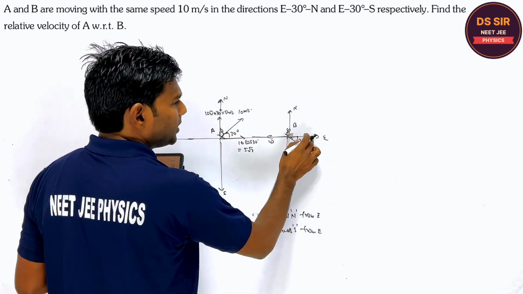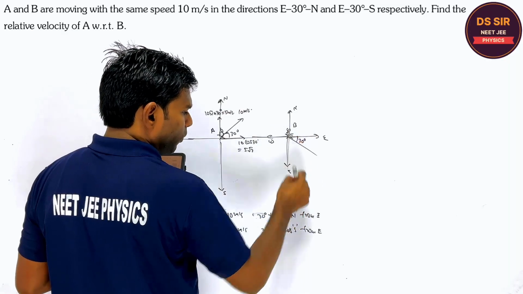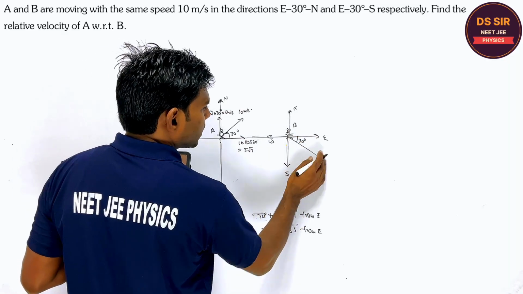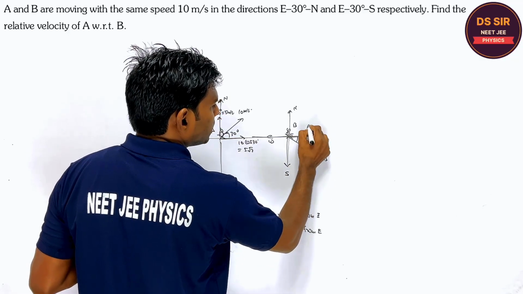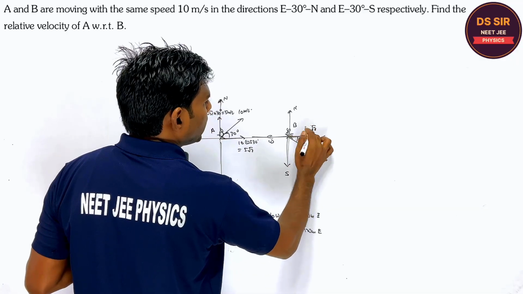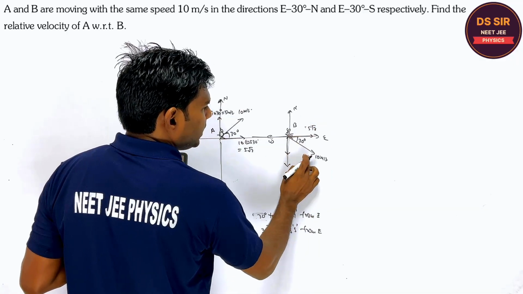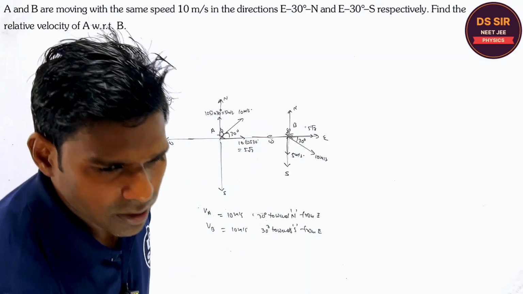This is for person B, 30 degree from east towards south, right? This is the 10 meter per second. So this is 10 cos 30, meaning 5 root 3, and this component is what? Say 10 sin 30, it is 5 meter per second. Is it clear or not, you tell?